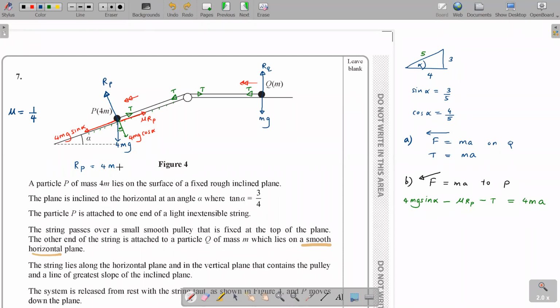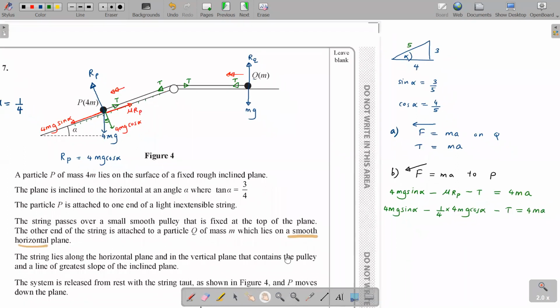Do you agree with me? Shall we input the mu value and the R P value? So I get here 4mg sin alpha minus 1/4 into 4mg cos alpha minus T equals 4ma.